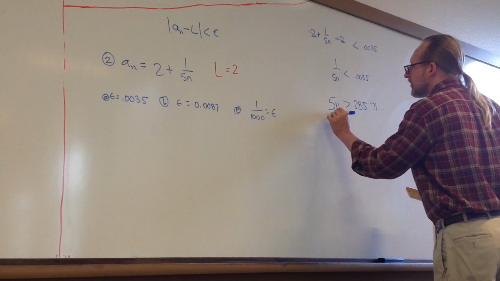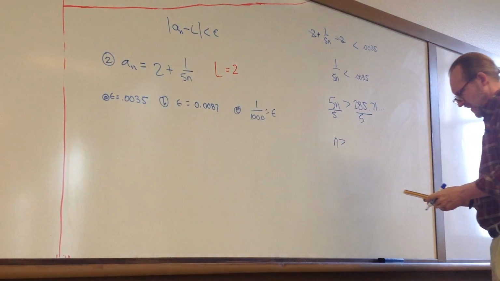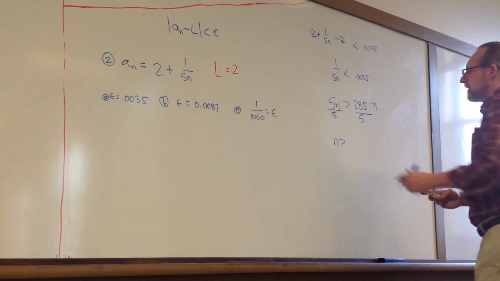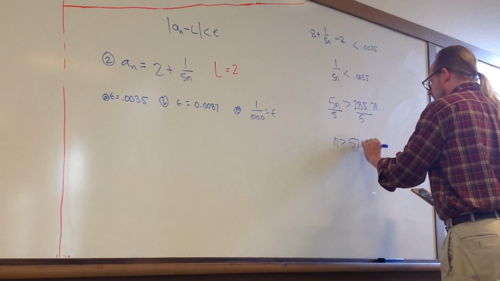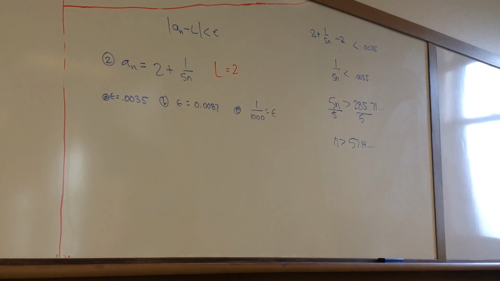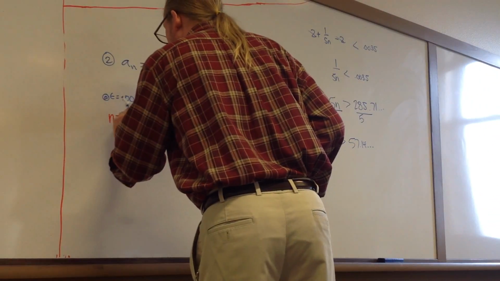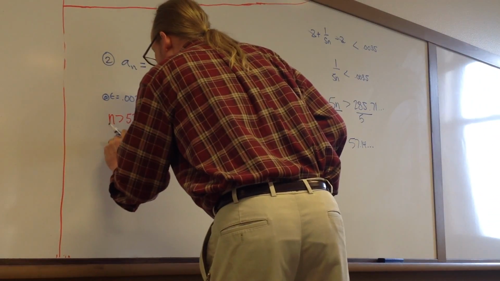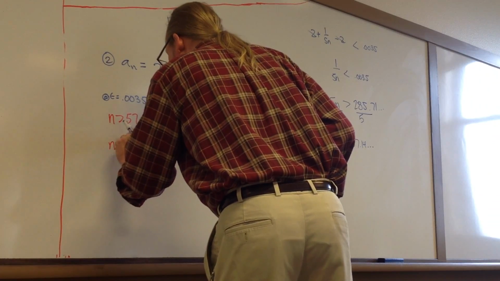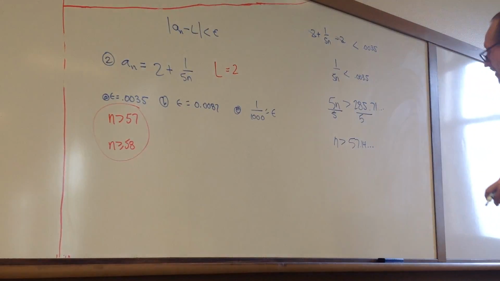Just take that number, which we've got sitting on the calculator, because we're just going to need to divide it by 5 anyway. 57.14... And so let's see here. Determine the values of n. So any n greater than 57. If you want to call this greater than or equal to 58, that says the same thing. Doesn't matter. Okay? All right.